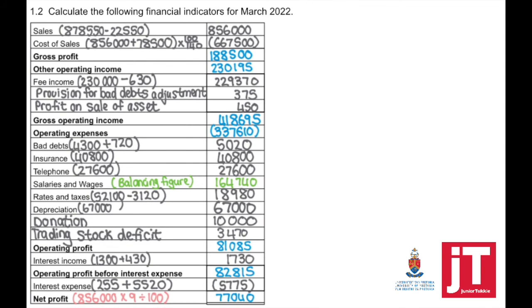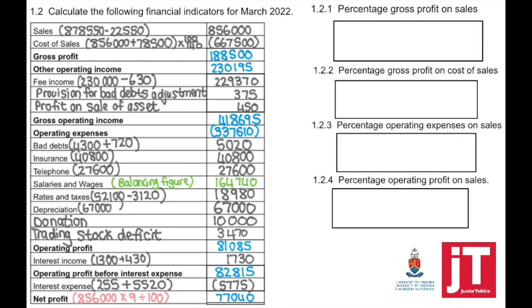Question 1.2 is calculate the following indicators for March 2022. The percentage gross profit on sales. So now we need to use the statement of comprehensive income that we've just completed to calculate these financial indicators. The gross profit divided by your sales times 100 equals 22%.